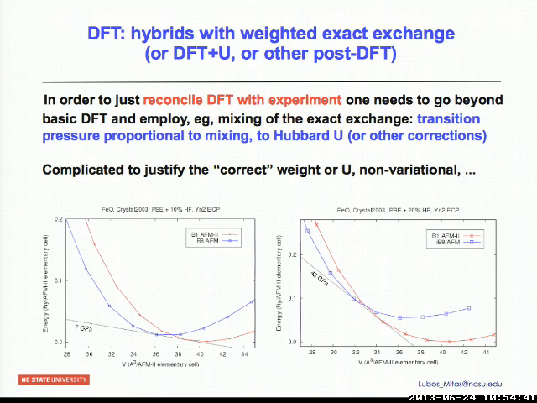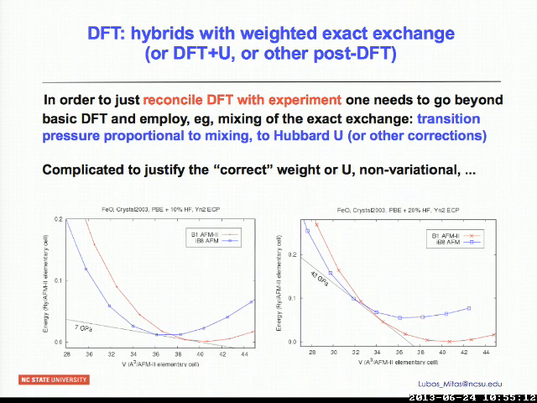So just to give you an idea what happens. If I take DFT and take hybrid functionals which mix in the exact exchange, just in order to get to some reasonable agreement with the experiment, you have to fiddle with the parameters in there, which are very difficult to get in any self-consistent way. Basically, you have a lever which you can change. It will be a mixing of the Hartree-Fock or using Hubbard-U or other corrections.